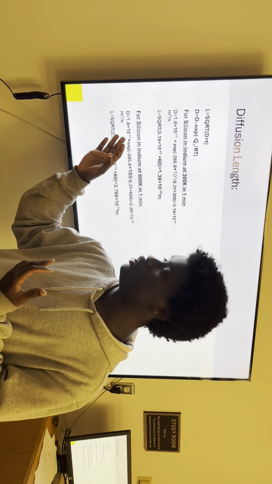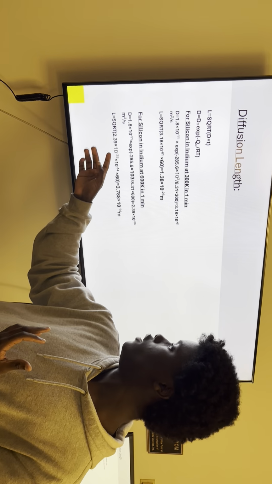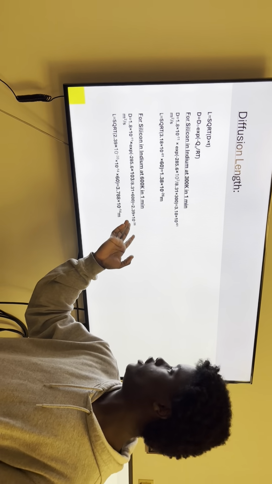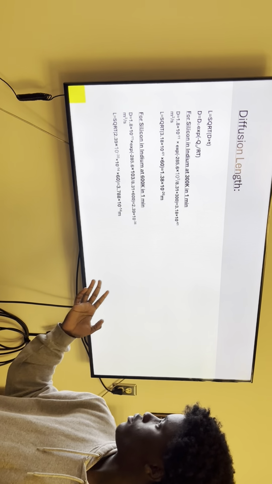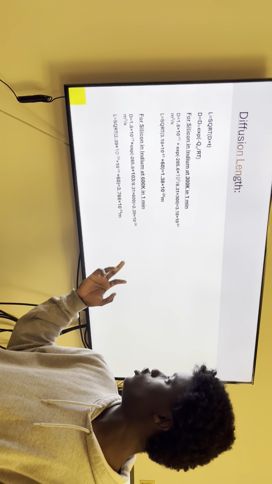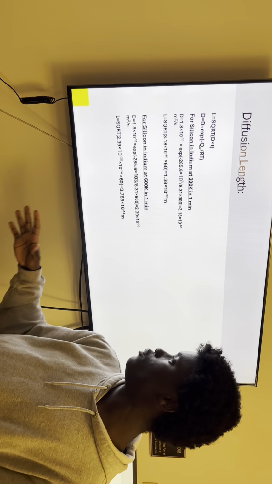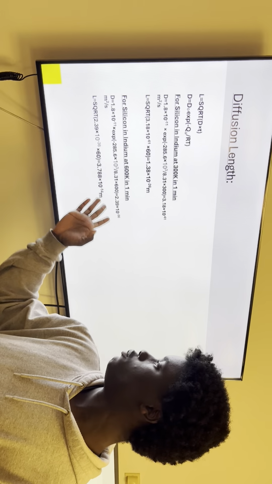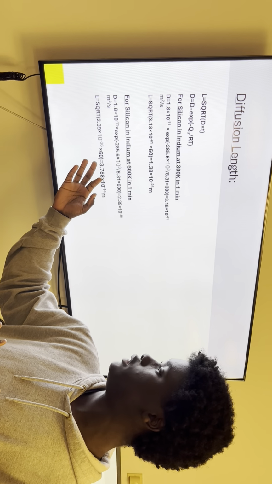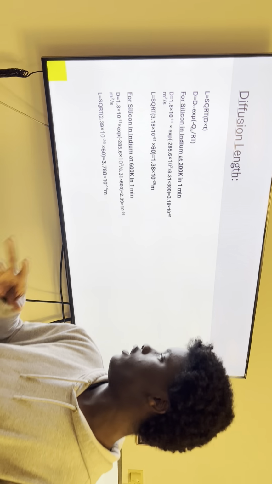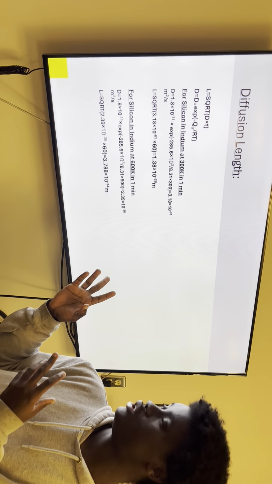The diffusion coefficient is still the same, and the activation energy is still the same. This time we end up with 2.39 times 10 to the minus 36 meters squared per second, and we plug it in the original formula. We still multiply it by 60 seconds, and we end up with 3.788 times 10 to the minus 14 meter.